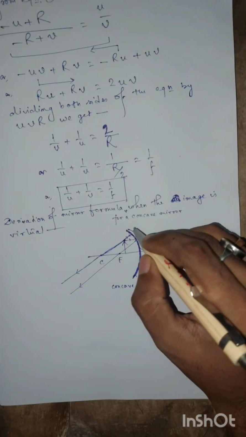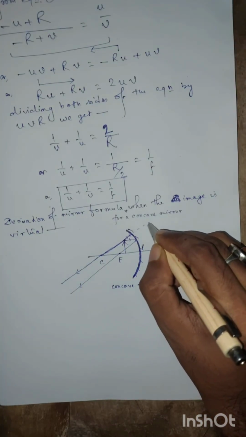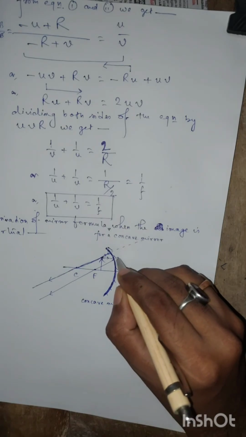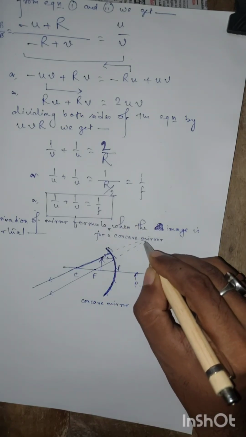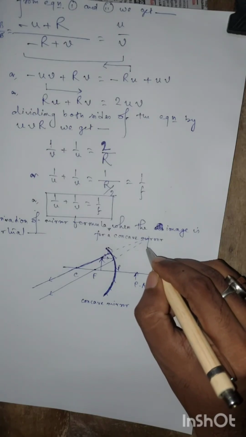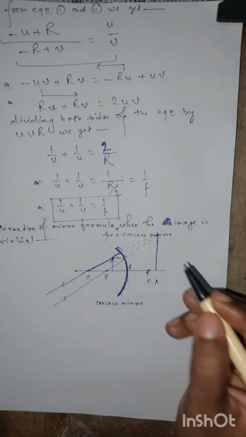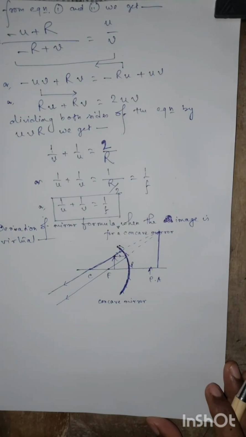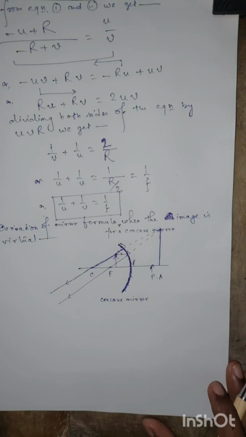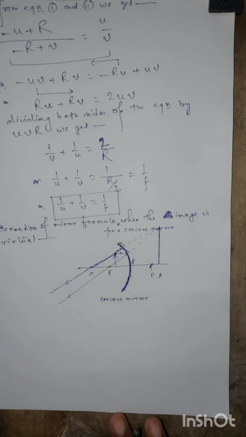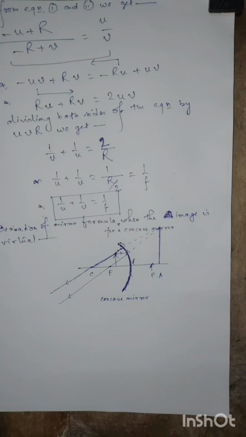So when these two rays are produced backwards, we get an image like this. Sorry for this overwriting.